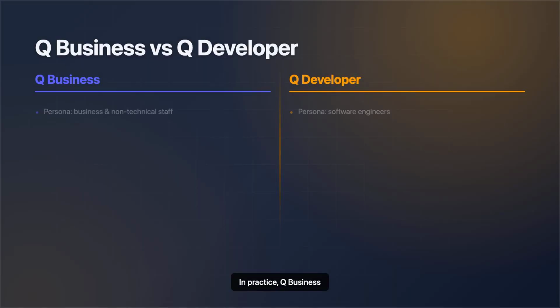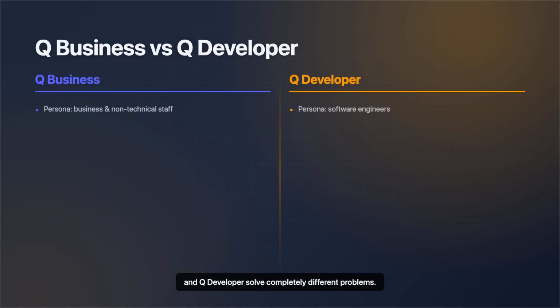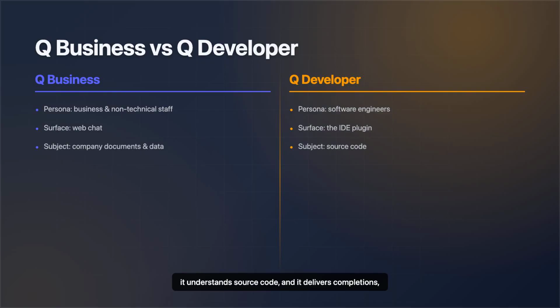In practice, Q Business and Q Developer solve completely different problems. Q Business is for non-technical staff. The surface is a web chat. The subject is company documents, and the output is cited answers pulled from your internal knowledge base. Q Developer is for software engineers. It lives inside the editor, it understands source code, and it delivers completions, security scans, and language upgrades.